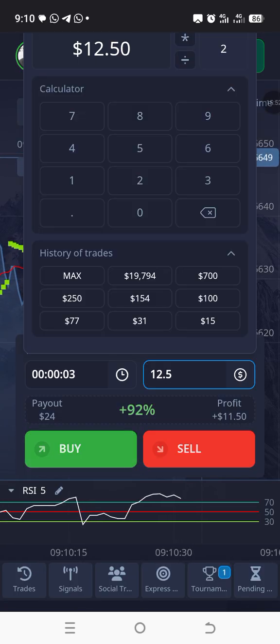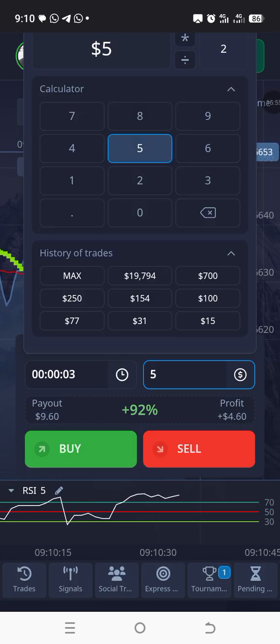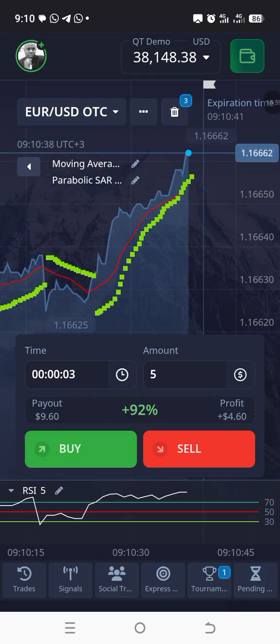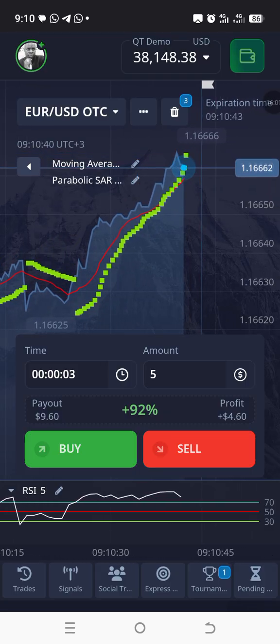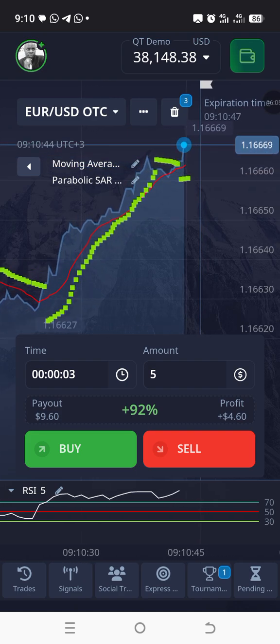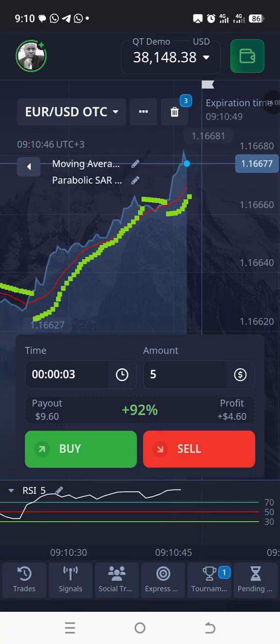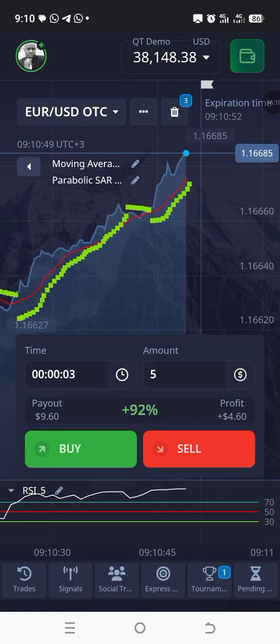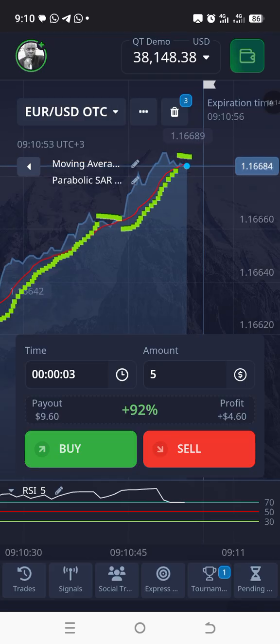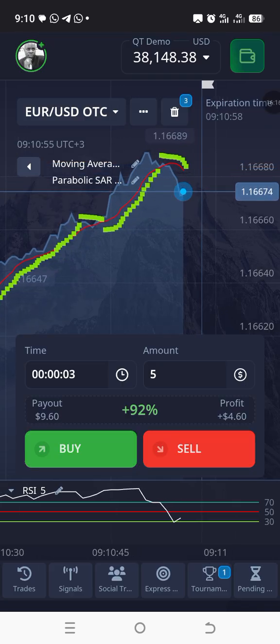We are at 148. You go back to 5. You see, the highest martingale was $77. Can you imagine if you had placed 77 and then it gets lost like that? Better start with 5, 12.5, 31, then 77. Before you go to the fourth, fifth loss, you have already recovered everything you lost.